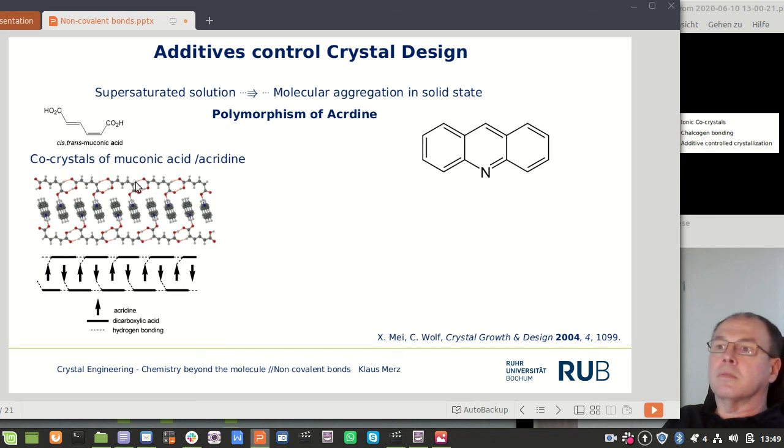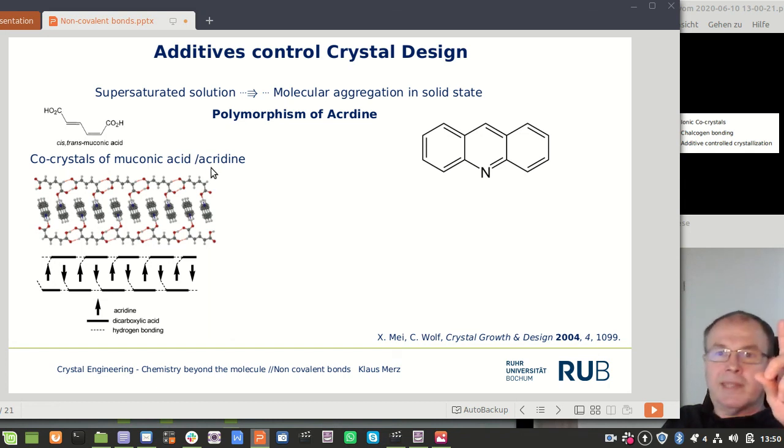Have a look at the crystal packing. This is the layer of acids, another layer of acids. Between two layers you see the orientation of acridine. Yes, you see here the orientation up, down, up, down, up, down, and always interacts with acridine. This is a co-crystal.